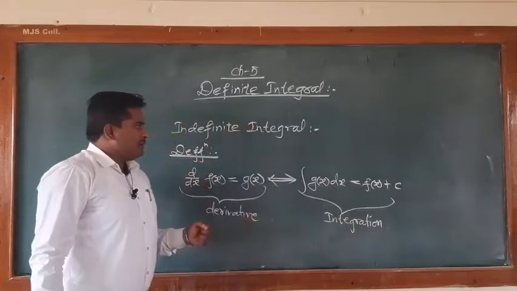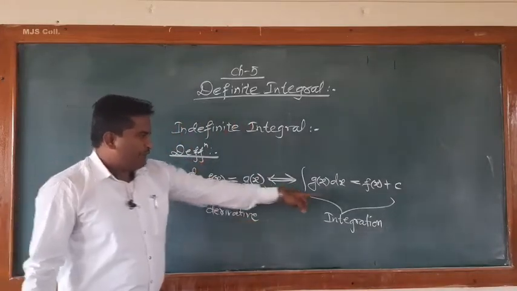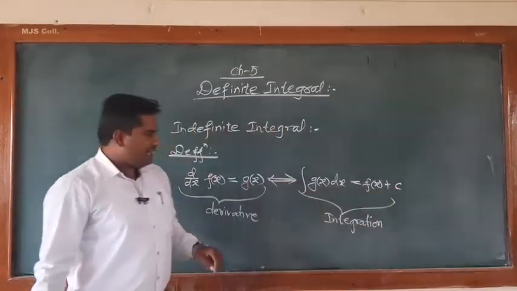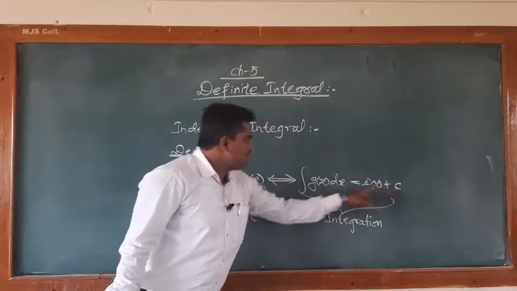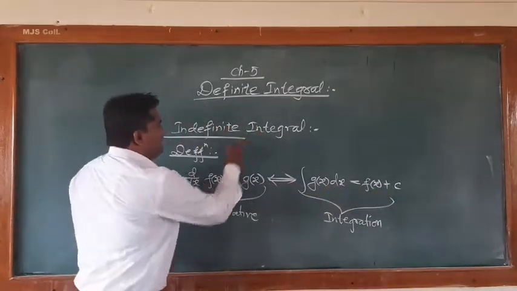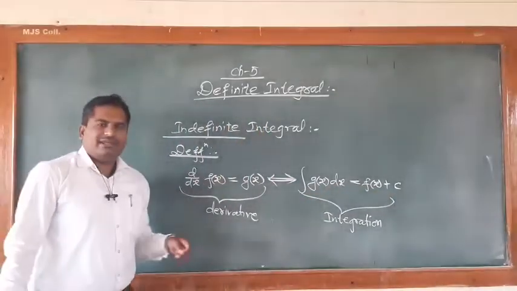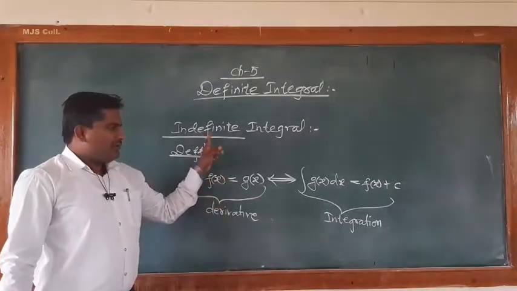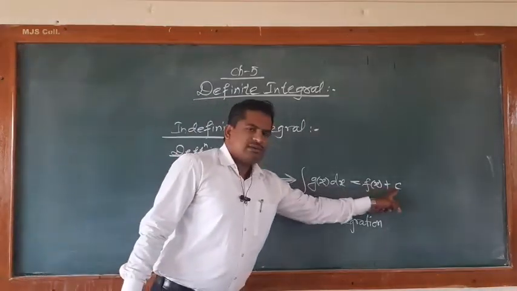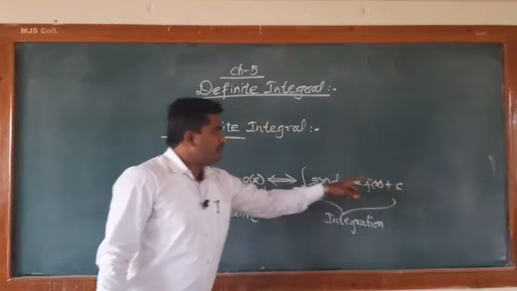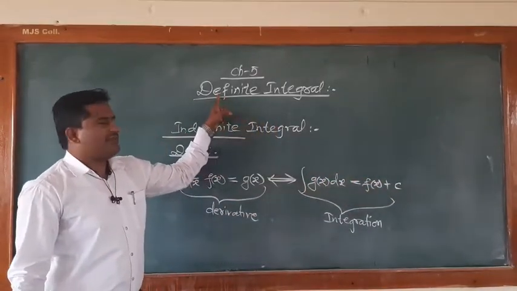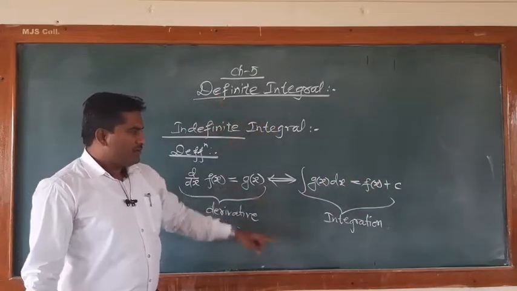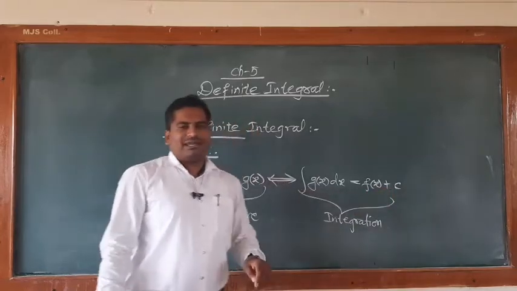Firstly, you must know that the appearance of c means it is an indefinite integral. And when this c is not present, then it is a definite integral, because c is a constant of integration.